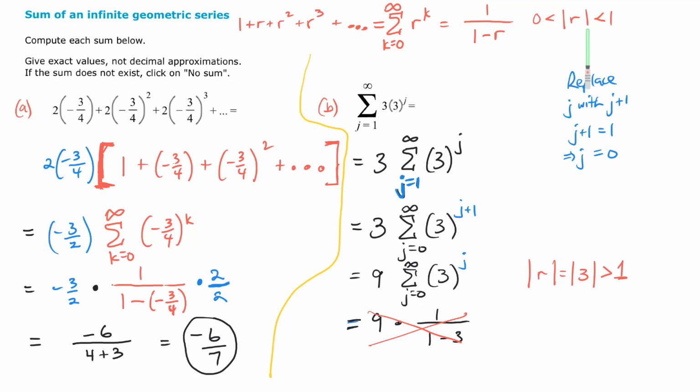It does not satisfy this formula. What's our conclusion? Therefore, this series has no sum. The technical term for this is the series does not converge. It does not converge to a finite number.